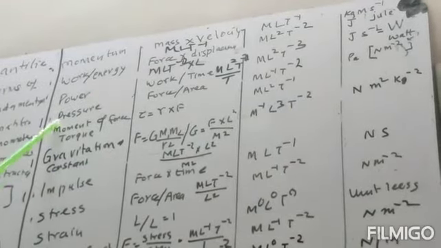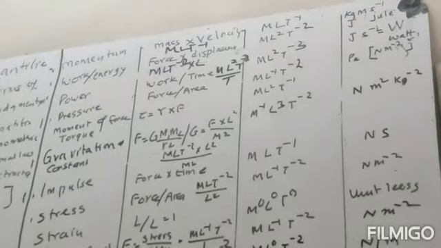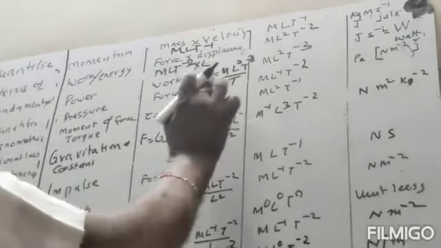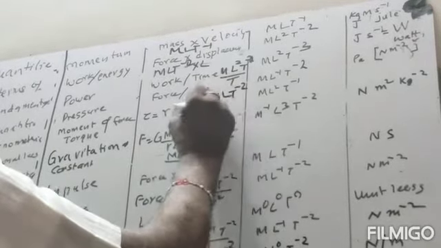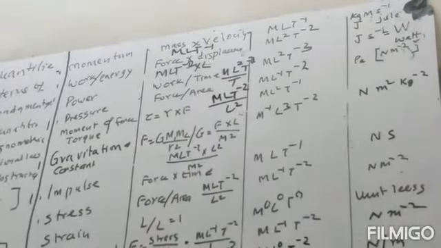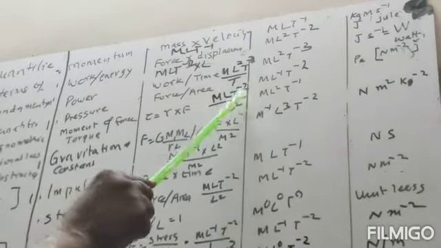Then we will take, what is the pressure? Pressure is force per unit area. Now we know the value of force, MLT^-2, divided by area L^2. So it will be equal to ML^-1T^-2.